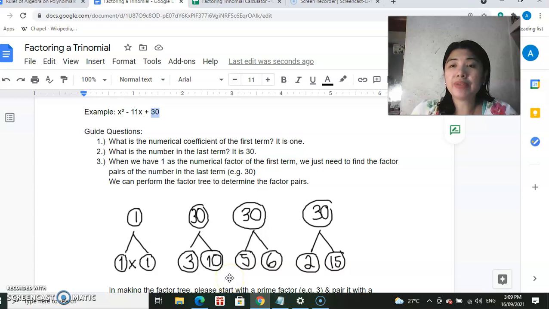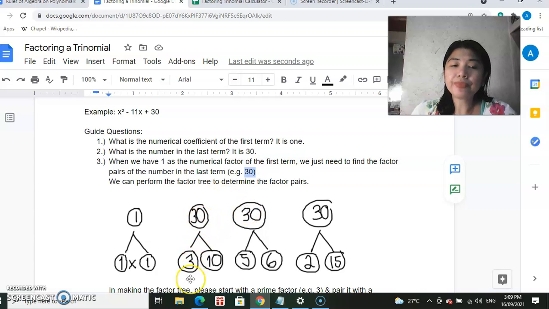We identify the prime factors less than the last number, so for 30, we find the prime factors less than 30, and pair each with a composite factor. For example, if the prime factor is 1, the pair is 30.